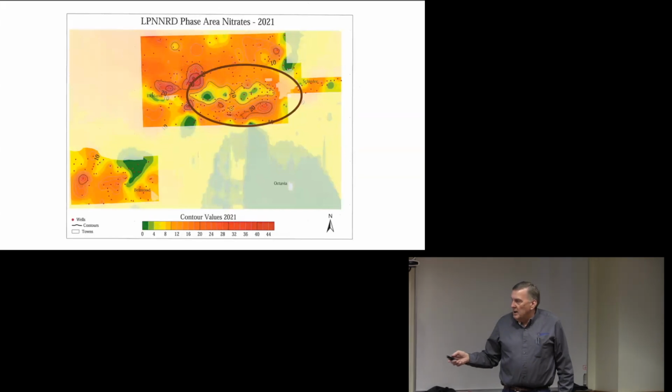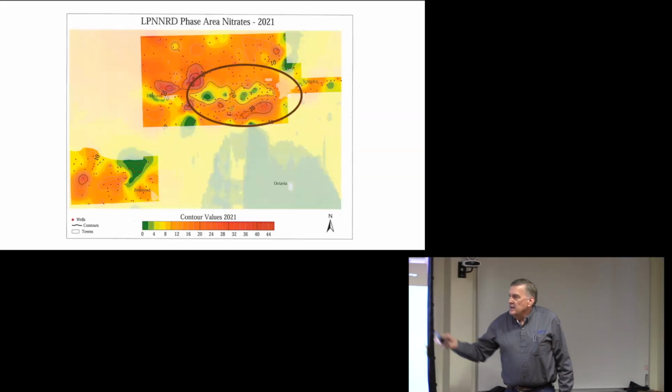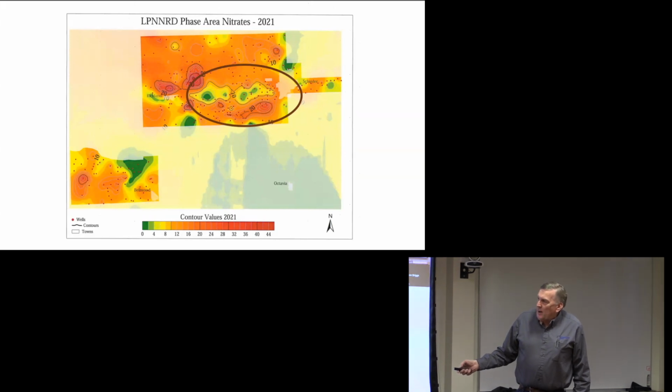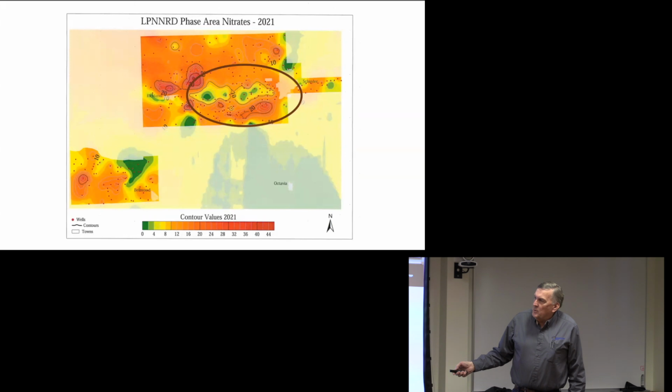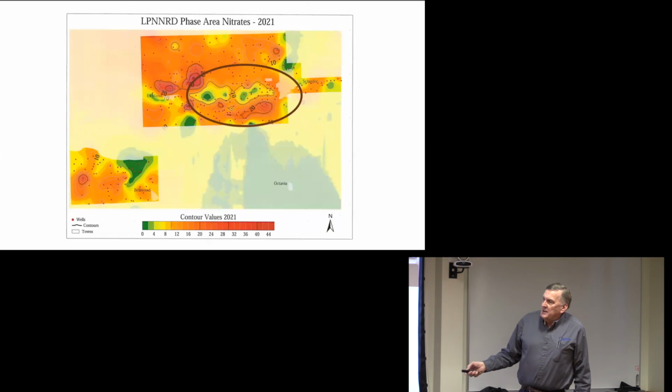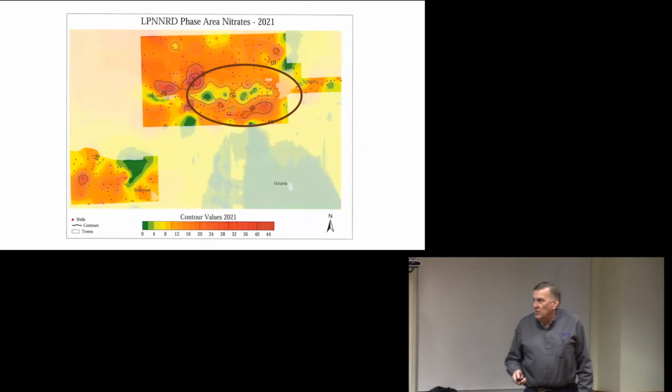In 2021, again, same area, same issue. I want to notice we do have an area down here. I want to show this one, the Platte River runs right here, so I think the issue here was a little different because we have surface water influence to keep the nitrates a little bit lower.